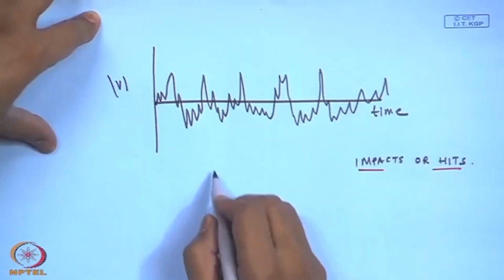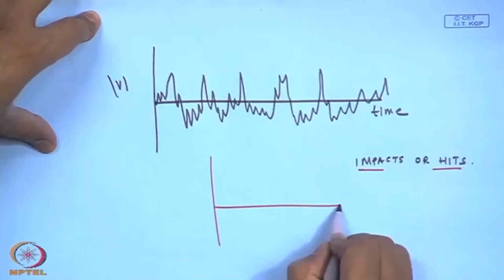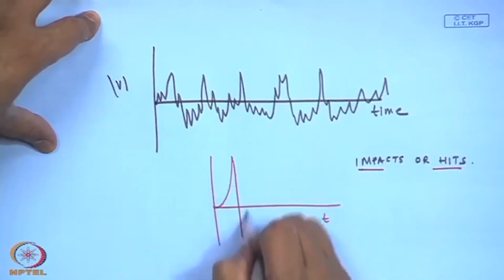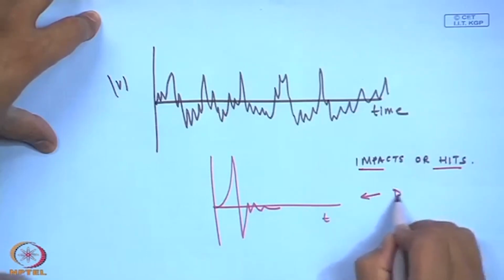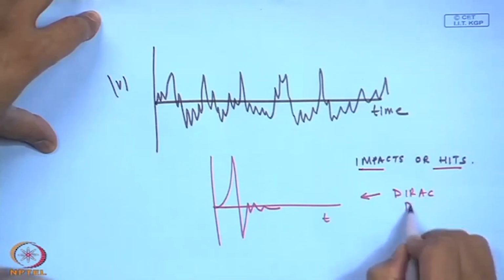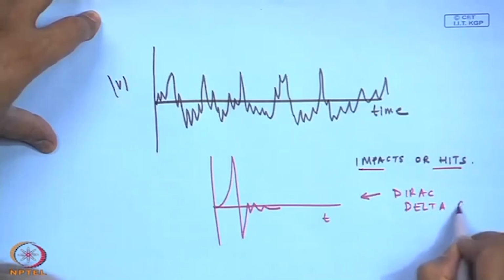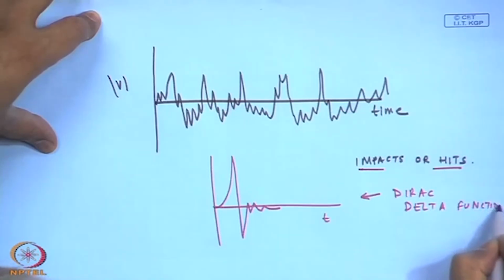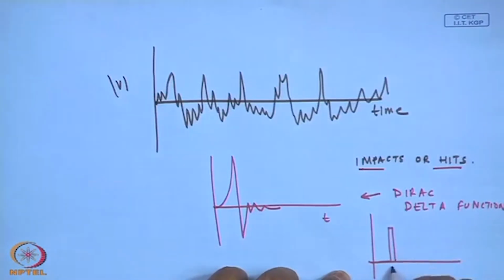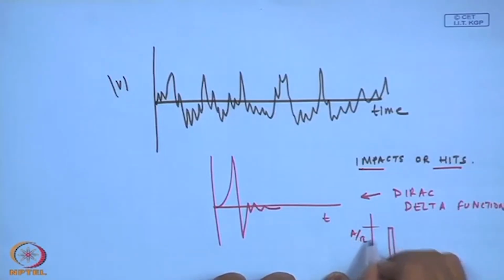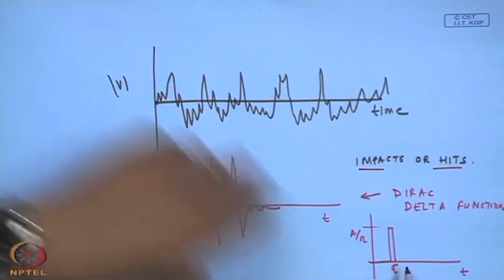You all know the characteristic signal of a hit is something like an impulse, and we mathematically represent them with a Dirac delta function when we do the integration to find out the response. It is something like this, time period tau, and maybe amplitude is A by tau, and this exists only for a short duration of time.